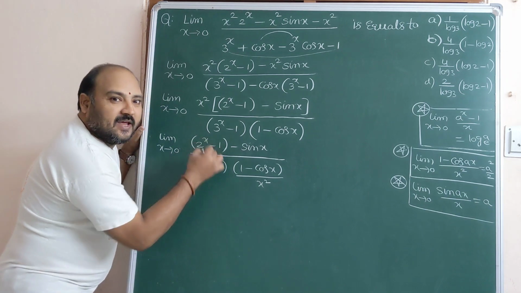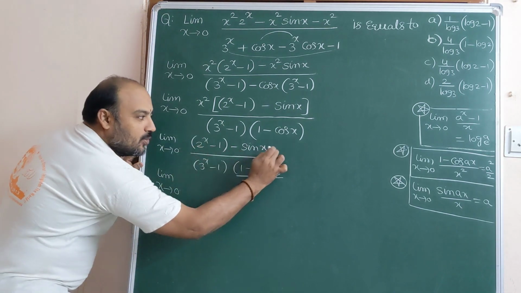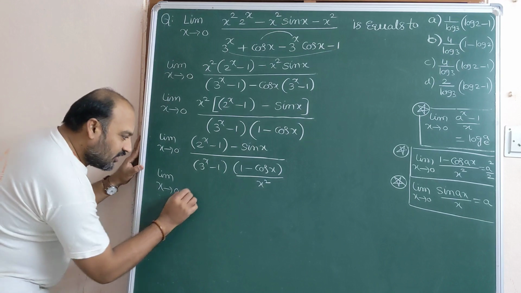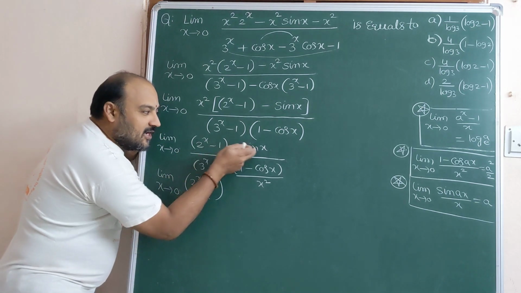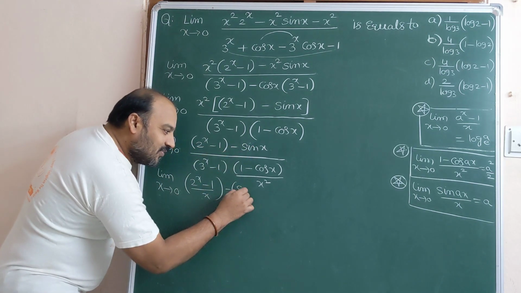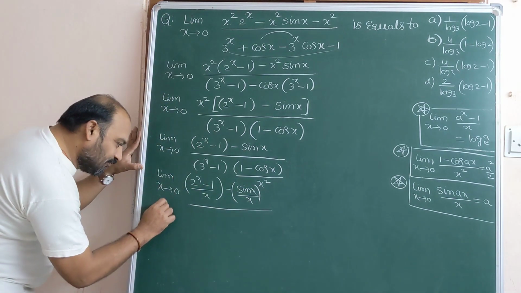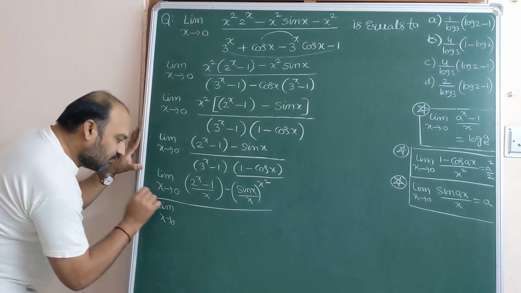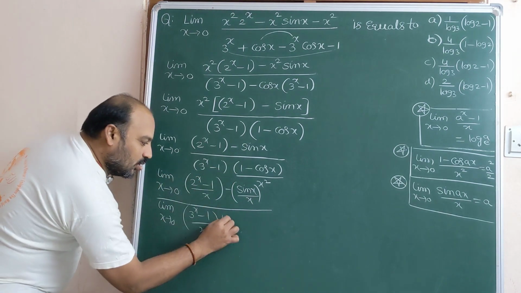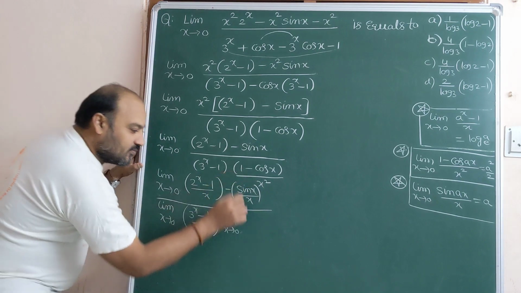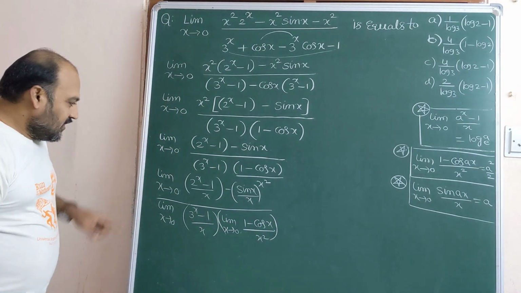So we divide numerator and denominator by x. Limit x tends to 0: numerator (2^x − 1)/x, and dividing by x for this one also, sin x / x, whole divided by: apply the limit for this, limit x tends to 0, (3^x − 1)/x, and limit x tends to 0 for (1 − cos x)/x². Everyone understand?